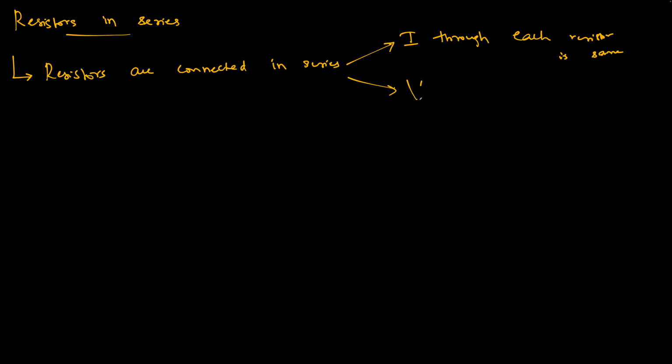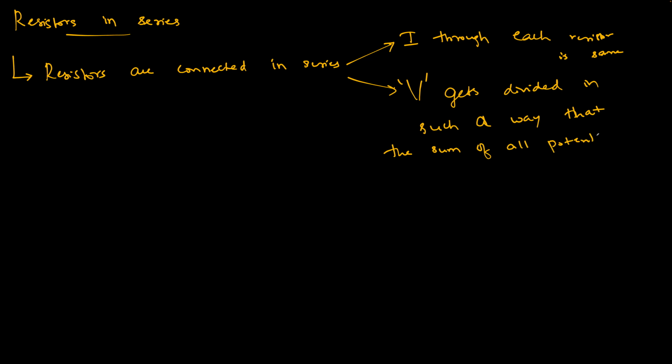Whereas the potential difference gets divided in such a way that the sum of all potentials across each resistor will be equal to the potential difference across the battery.